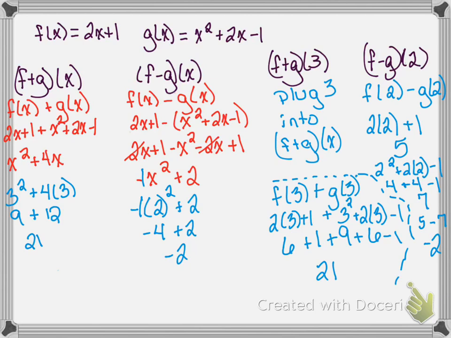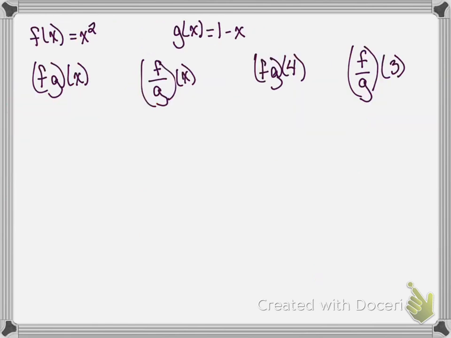Okay? Can we do multiplication and division? Sure can. Here I've got f of x is x squared. G of x is 1 minus x. So we are going to do these the same way that we did addition and subtraction, except we're going to multiply and divide.